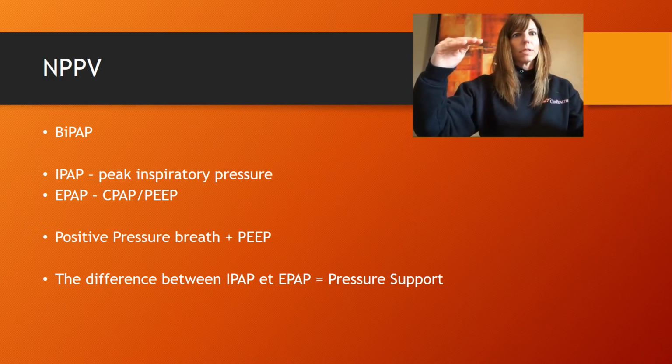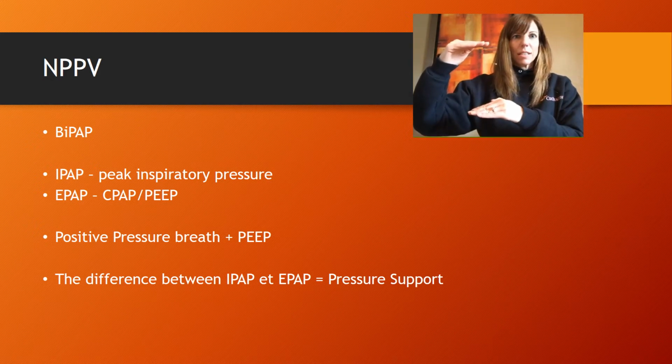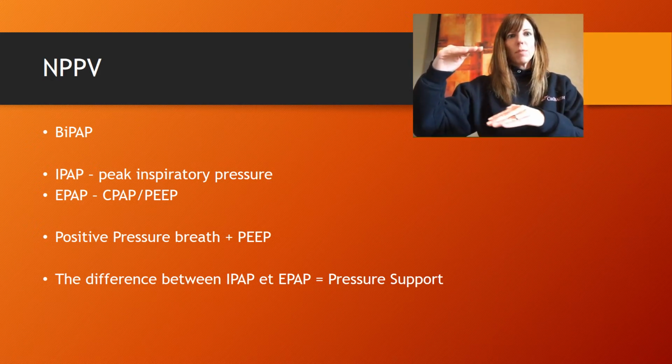That EPAP, remember, is the exact same thing as CPAP. Let's say that our settings are 10/5. I have IPAP of 10, inspiratory positive airway pressure of 10, EPAP of 5. That means that my peak inspiratory pressure is going to be basically set at 10. My EPAP again is the same as CPAP, so that's set at 5.